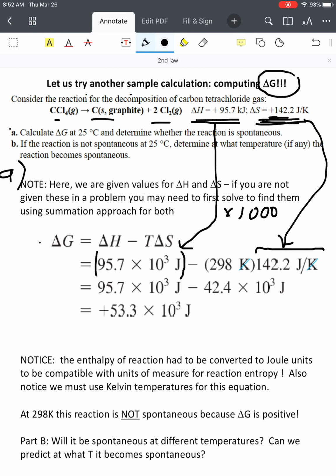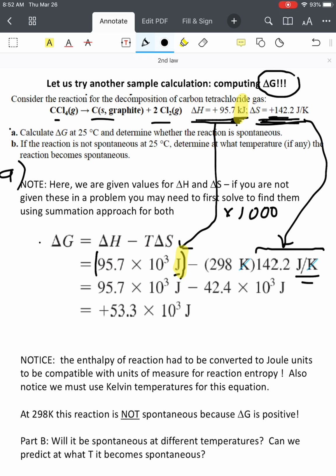The reason why we did that again is because this unit is kilojoules, isn't it? Down here in the equation, we need to make it joules. The reason is to make the units jive with my delta S units.